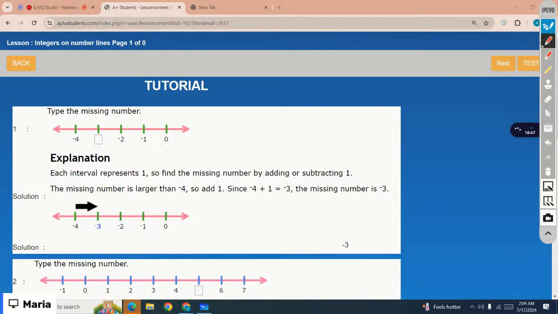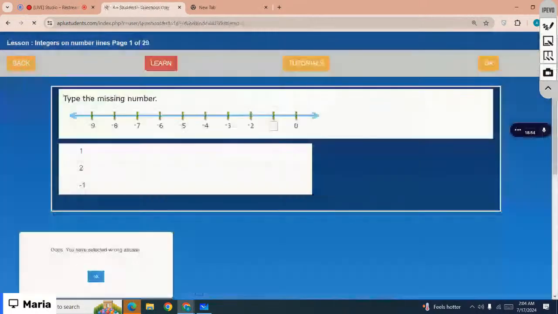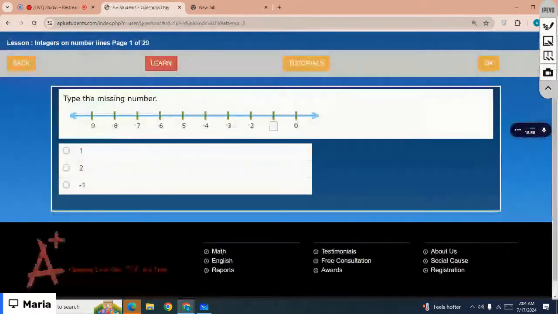Okay, let's just start with the test questions. Type the missing number.